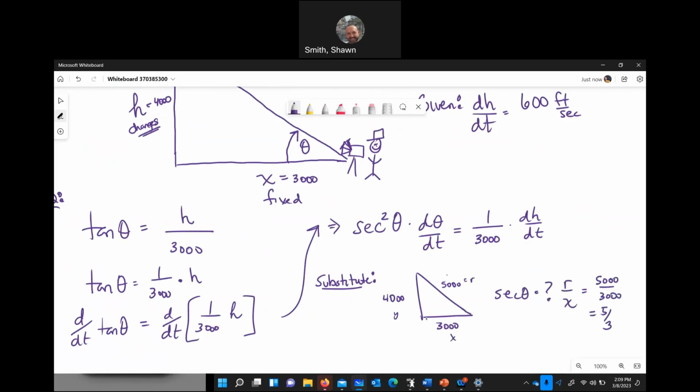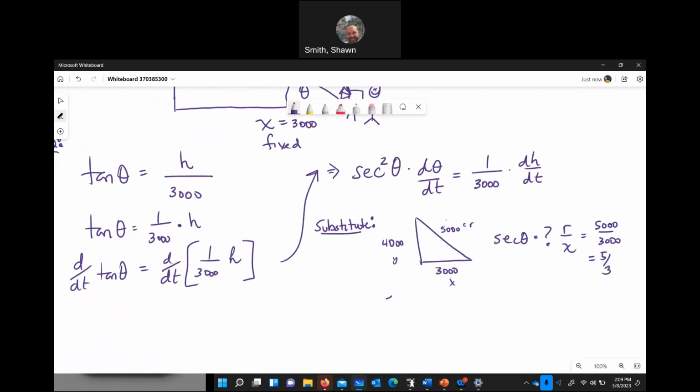So now we can put that value in this place, 5/3 all squared, times d theta dt. It's equal to 1/3000 times dh over dt. The height is changing with respect to time at a rate of 600 feet per second.